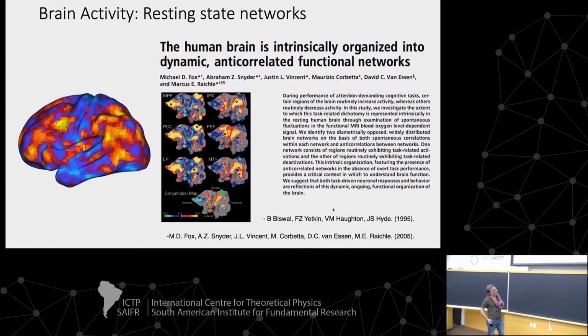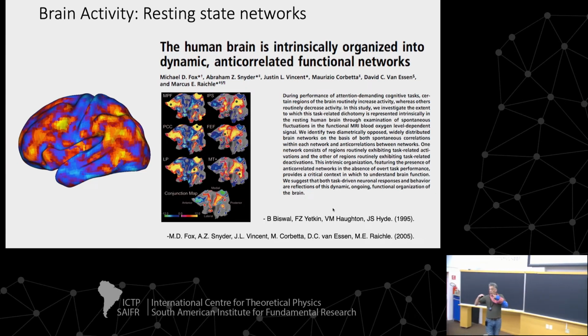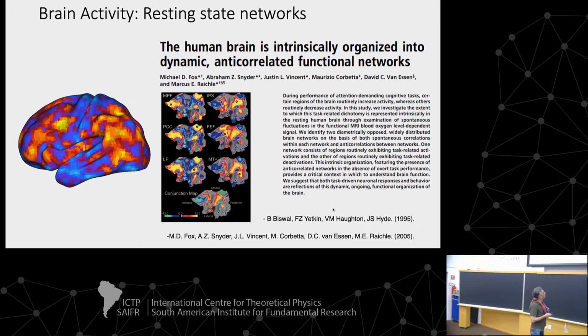This is also related to the activity of the brain in resting state, how when we are doing nothing, regions of the brain appear that move coordinately, and this is called the resting state networks.